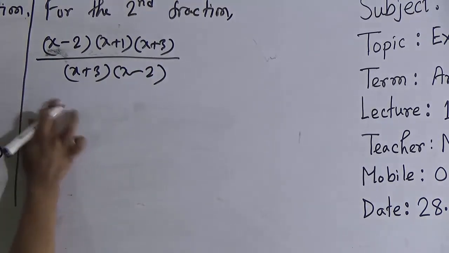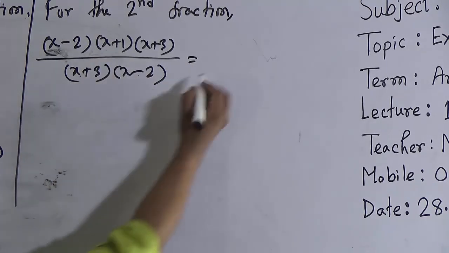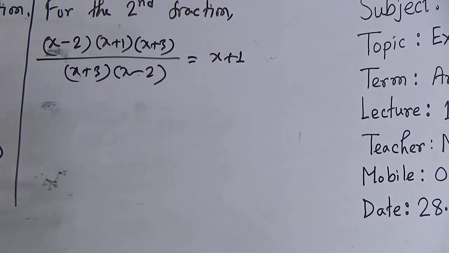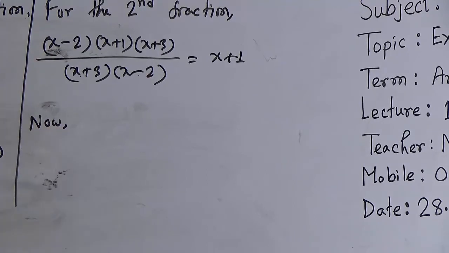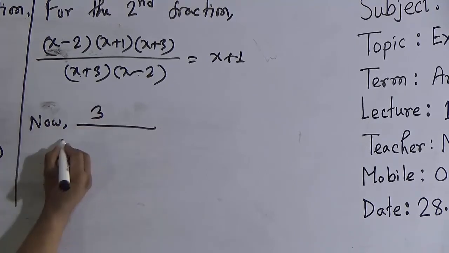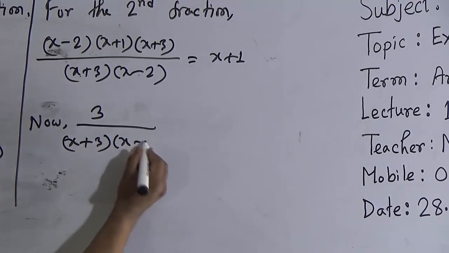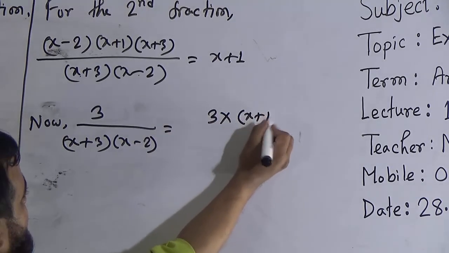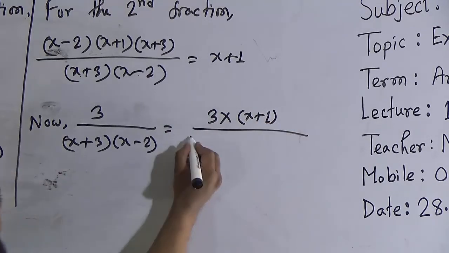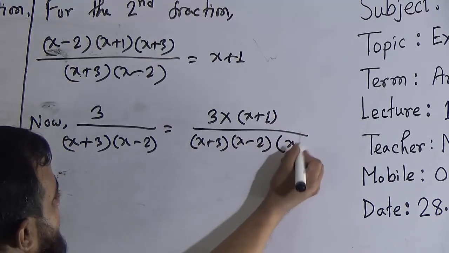We will find the result: x minus 2 will be omitted, x plus 3 will be omitted, so x plus 1 will be our result. And this result needs to be multiplied with the numerator and denominator of the second fraction. So it's 3 over x plus 3 into x minus 2. That's equal to 3 multiplied with the result x plus 1, and also the denominator x plus 3 into x minus 2 multiplied with the result x plus 1.